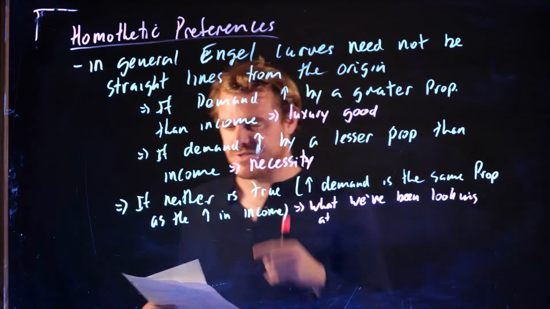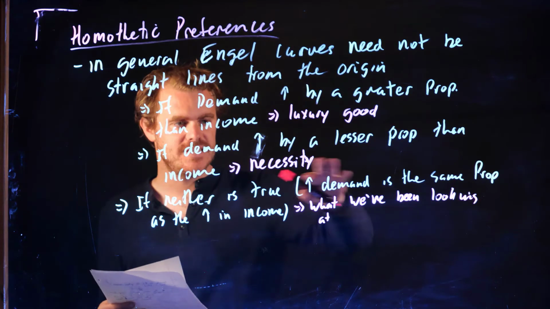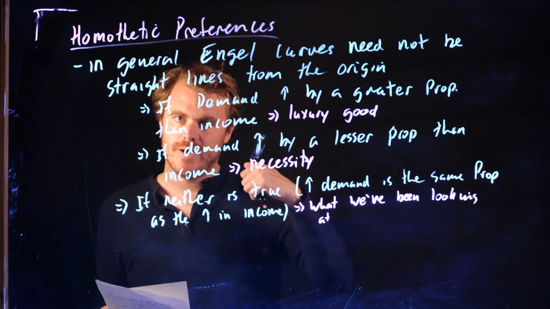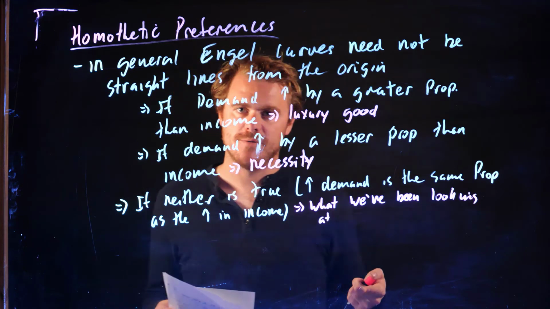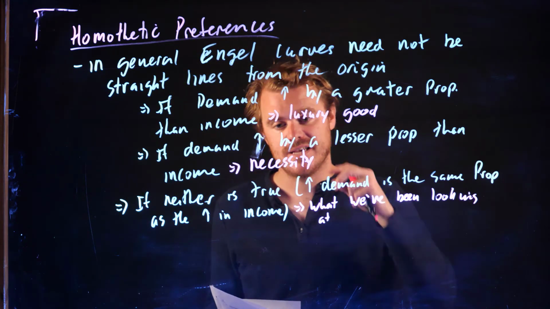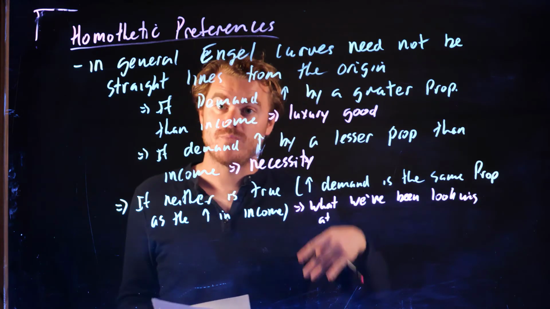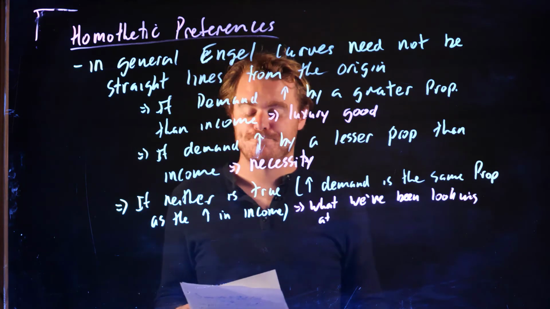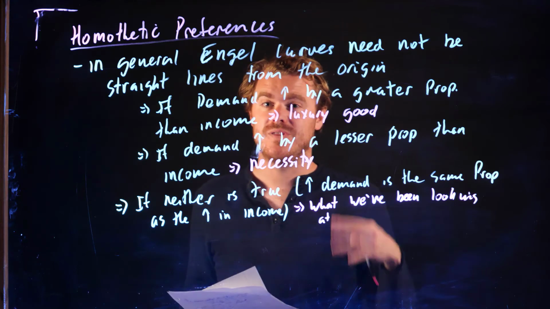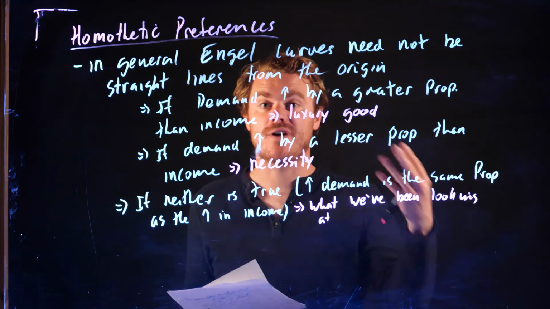These are the kind of preferences we have seen so far in both the perfect substitutes, perfect complements, as well as the Cobb-Douglas, which have had this property, whereby the quantity demanded goes up by the same proportion as income. That's probably easiest to see with the Cobb-Douglas, where we're spending a constant fraction, right?